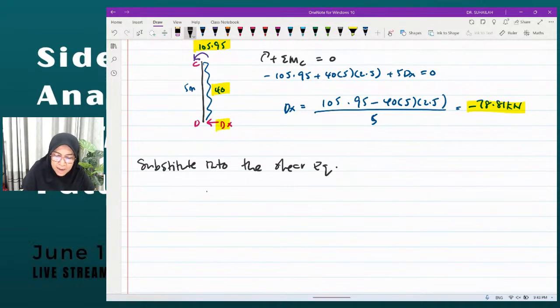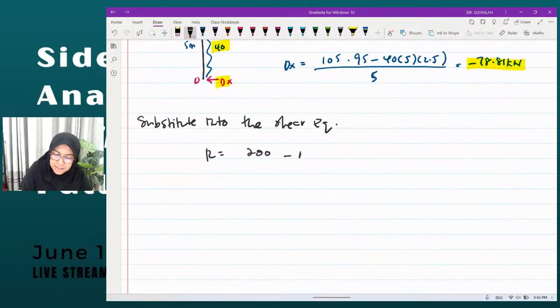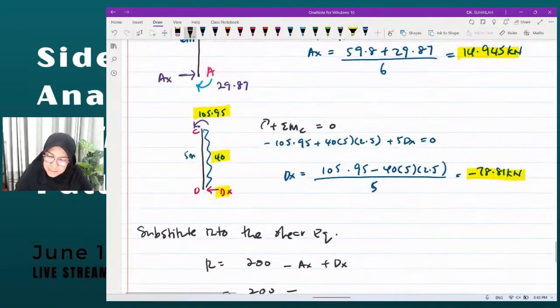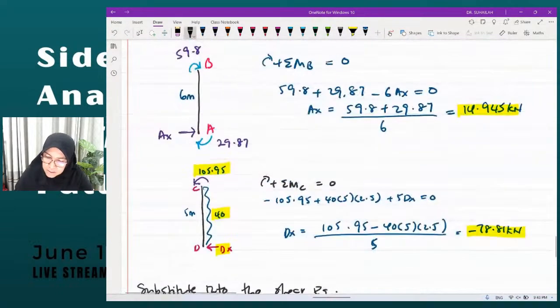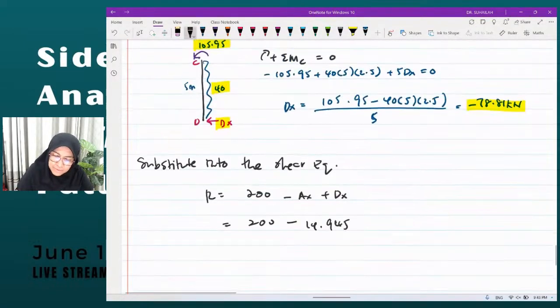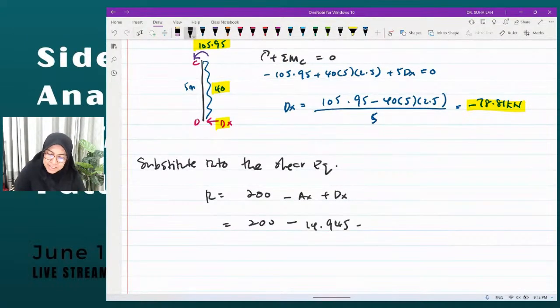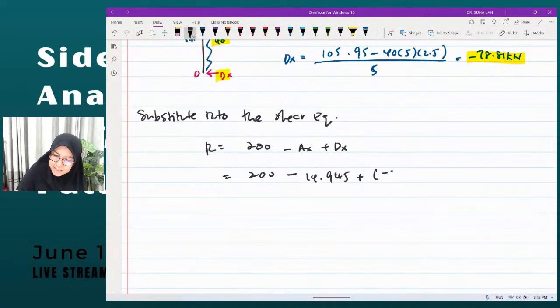R is equal to 200 minus AX plus DX. So it is 200 minus 14.945 plus DX, which is negative 78.81.